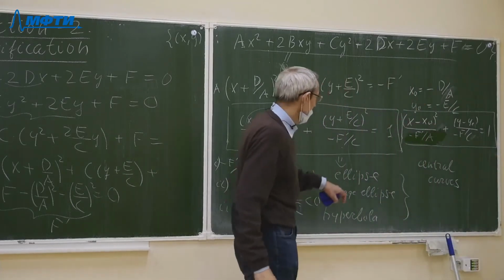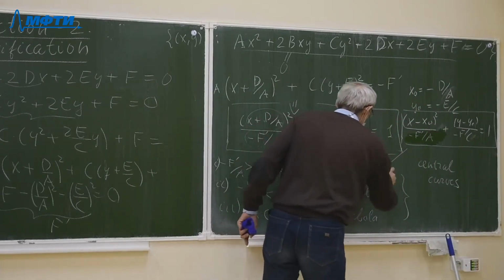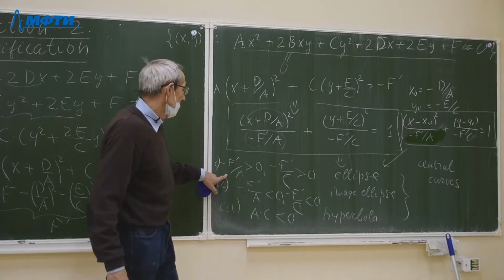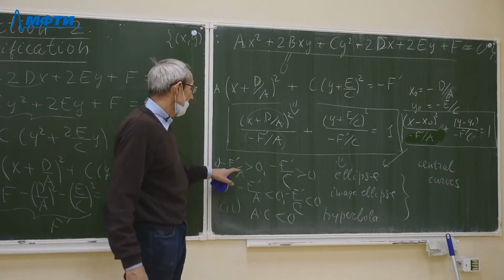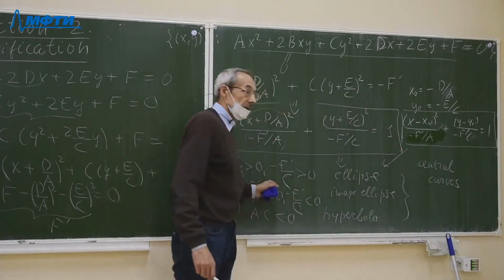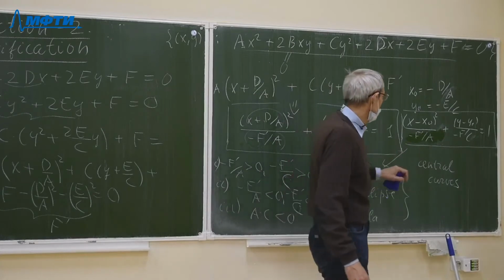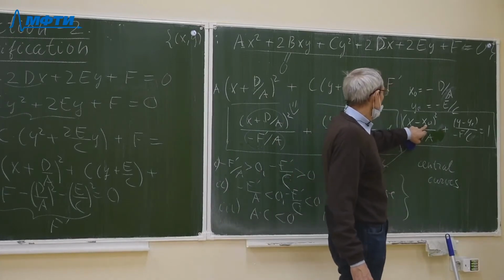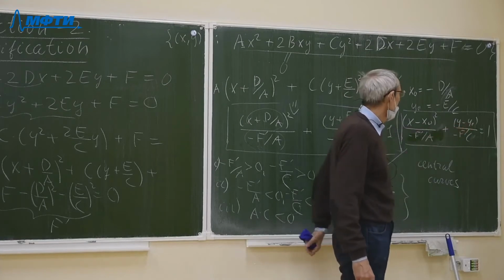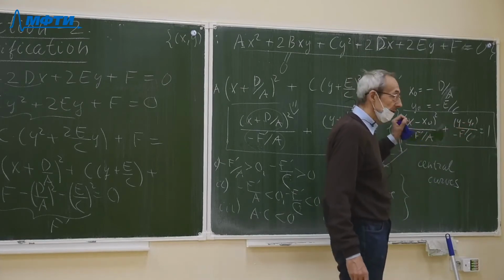In the first case, when these numbers have the same sign and the sign is positive, we obtain the ellipse, and x0 and y0 are the coordinates of the center of this ellipse.